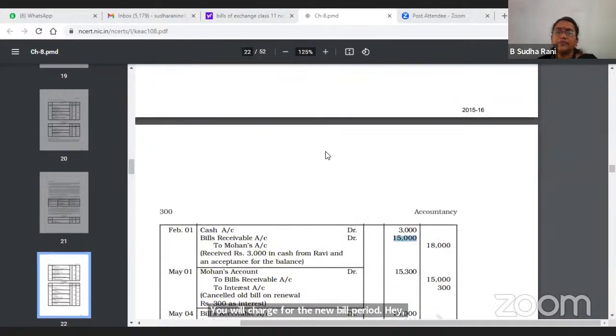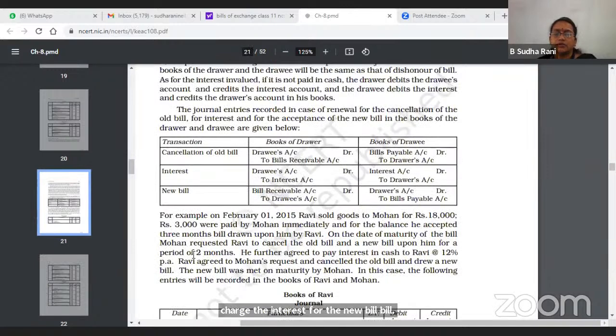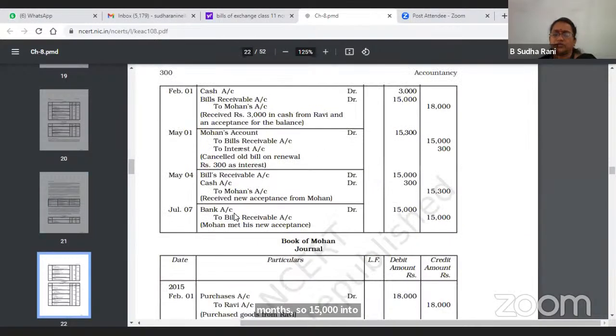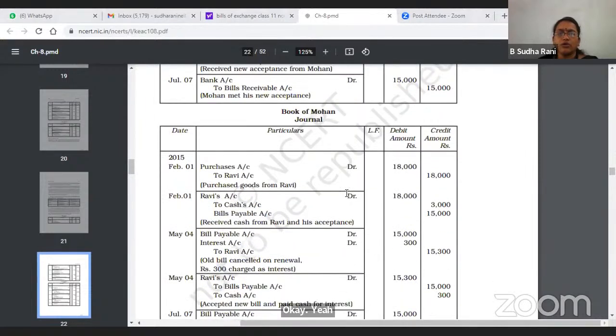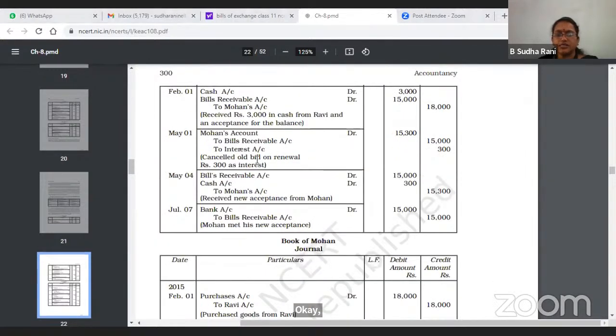What is the new bill period? 2 months. The new bill is drawn for 2 months. So 15,000 into 12% into 2 by 12. Understood? So that is the interest amount.